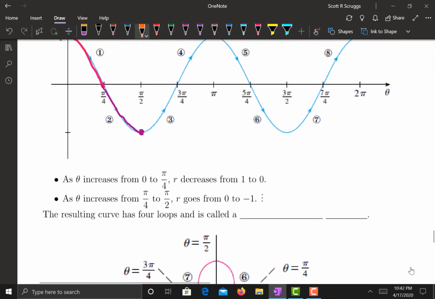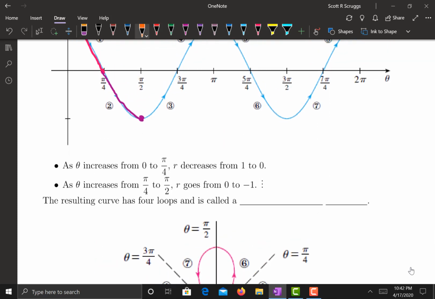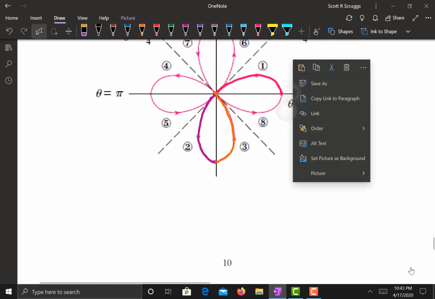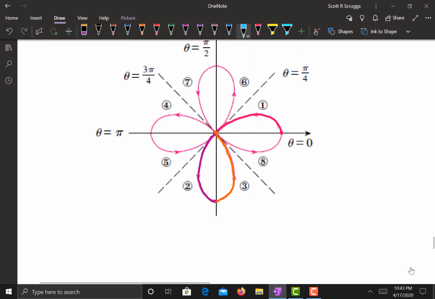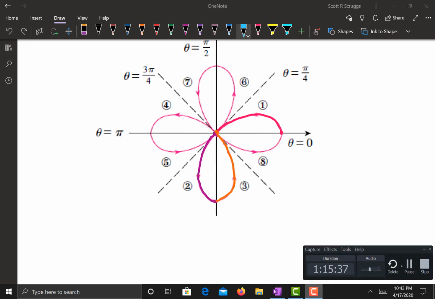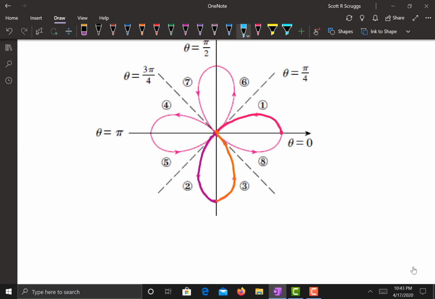Now, I increase from 0 to 1, but because I end up at pi, let's go ahead and do that. And we end up over here.